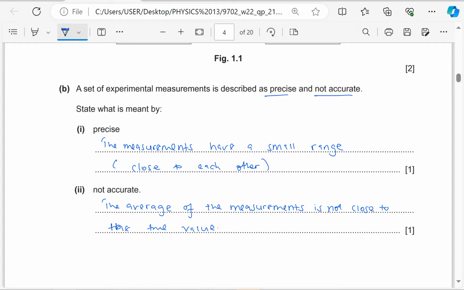If the average was close to the true value, then we would say they are accurate.